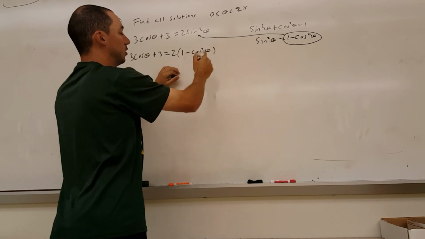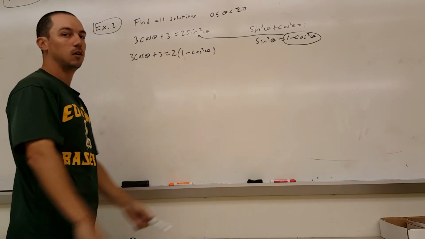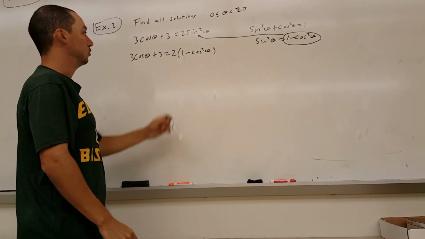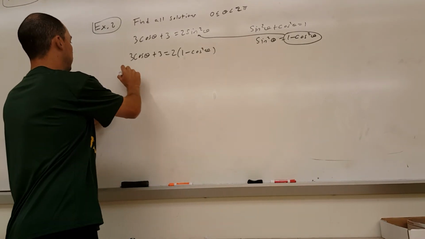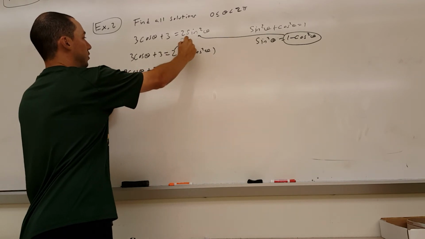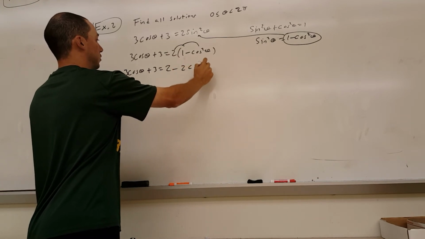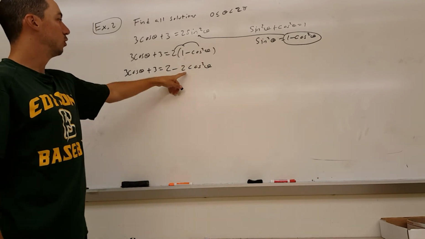You're going to make a substitution like this a lot in the upcoming month for class. You'll do this a lot. 3 cosine theta plus 3 is equal to, distributive property. Love distributive property all day, every day. 2 minus 2 cosine squared theta.